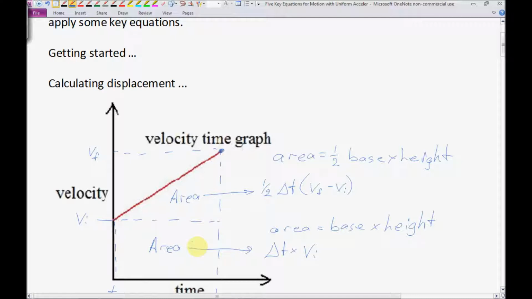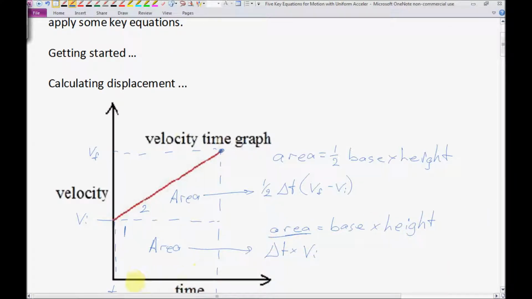To calculate the area, we can try to do it all in one chunk, but another way we can do it is to divide it up into two areas. So we've got area 1 here, and area 2 here. Area 1 we'll just calculate by saying area is base times height.